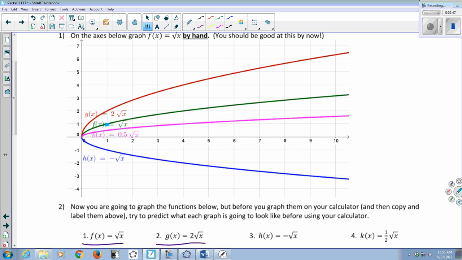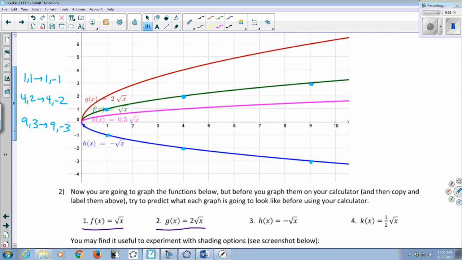So I have (1, 1) and (1, -1). And then check the next nice y value. I have (4, 2) and (4, -2). And then I have (9, 3) and (9, -3). So my y coordinates are becoming opposites.